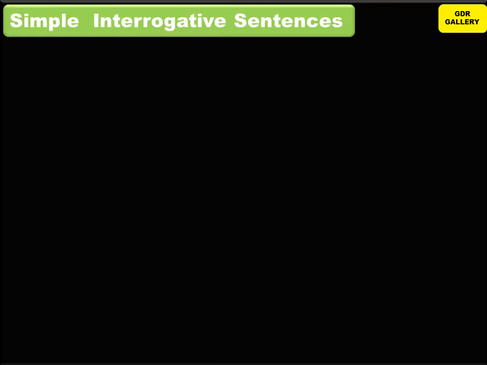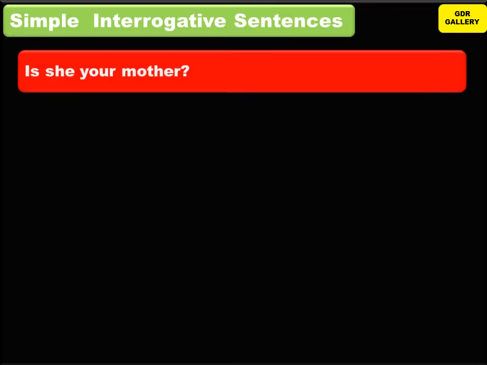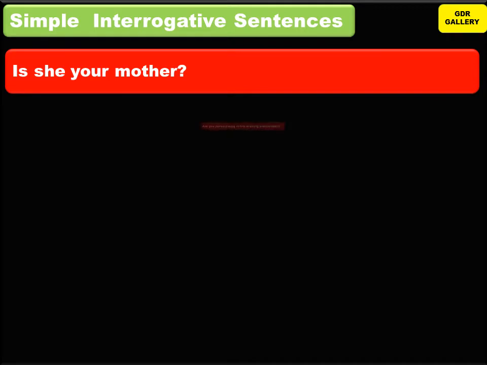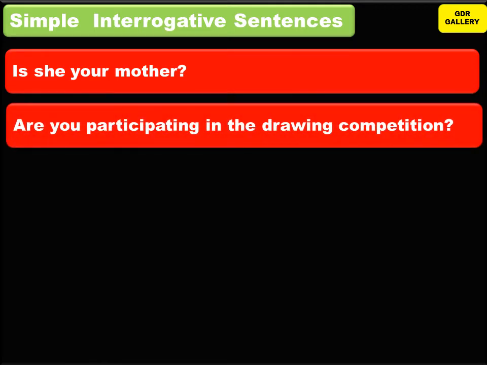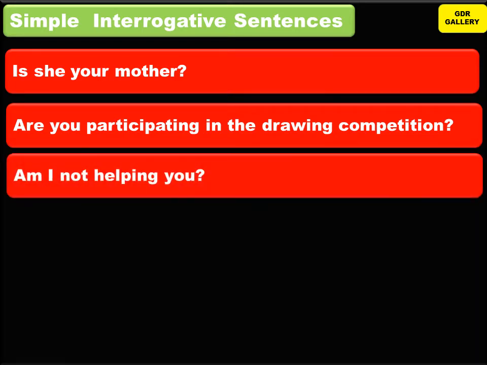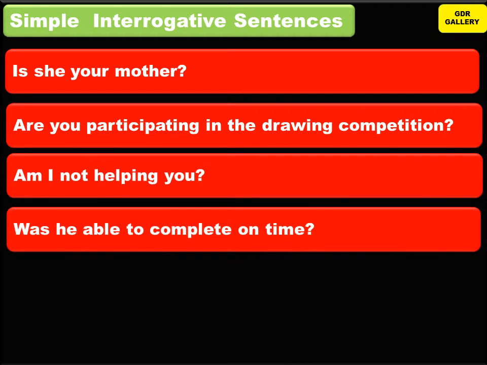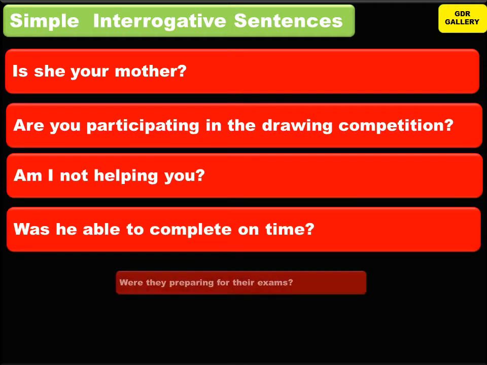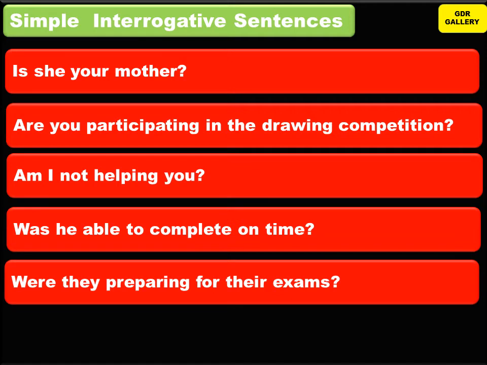Now let's look at some examples of simple interrogative sentences. Is she your mother? Are you participating in the drawing competition? Am I not helping you? Was he able to complete on time? Were they preparing for their exams?